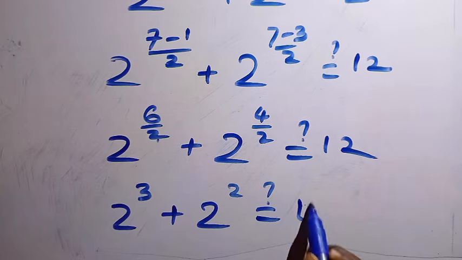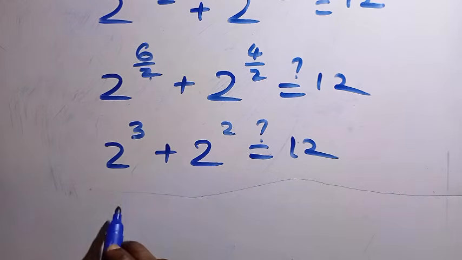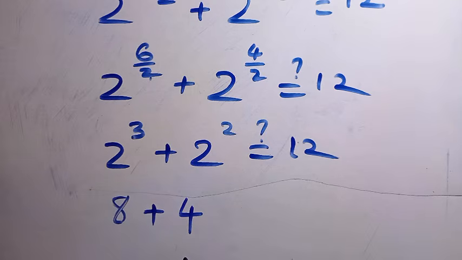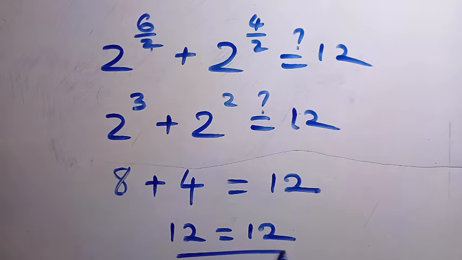Is this equal to 12? Then 2 raised to power 3 is 8, plus 2 raised to power 2 gives us 4. The sum of this gives us 12, because 8 plus 4 equals 12. So both of them are equal.